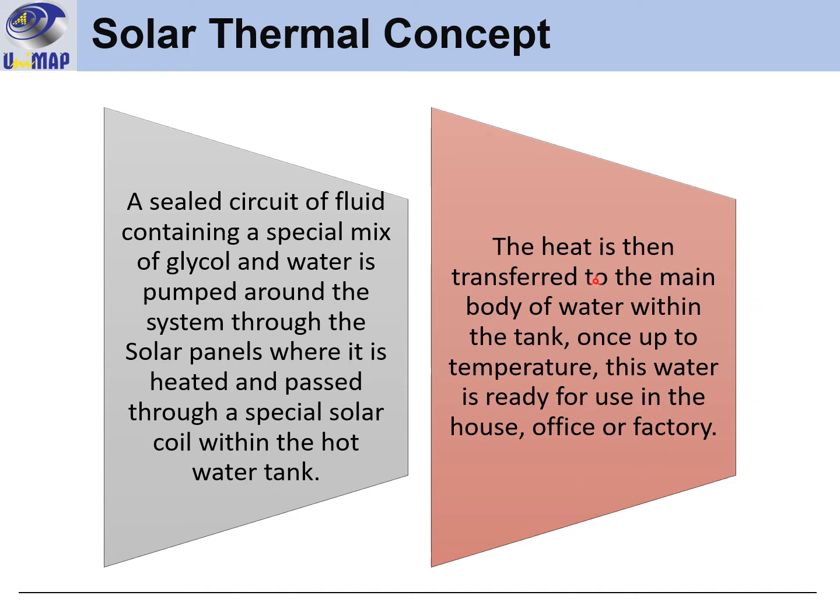The heat from the liquid is transferred to the body of water, and this heats the water in the tank, and the water can be used as hot water in a house, office, or factory.